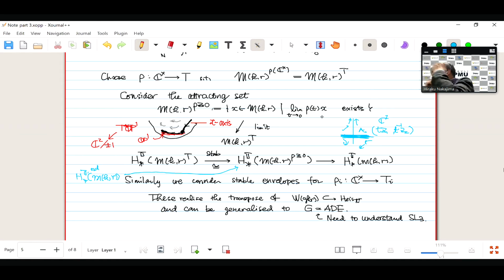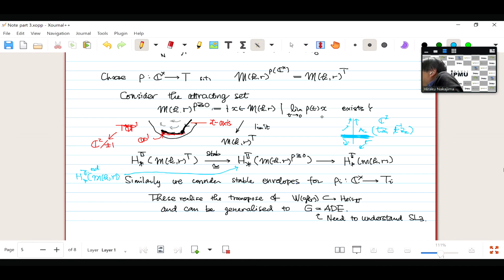And for type ADE, as I said, you cannot use this space MKR, so you must directly work on the Uhlenbeck space. And this is singular, so you must use the so-called intersection homology, equivariant intersection homology.